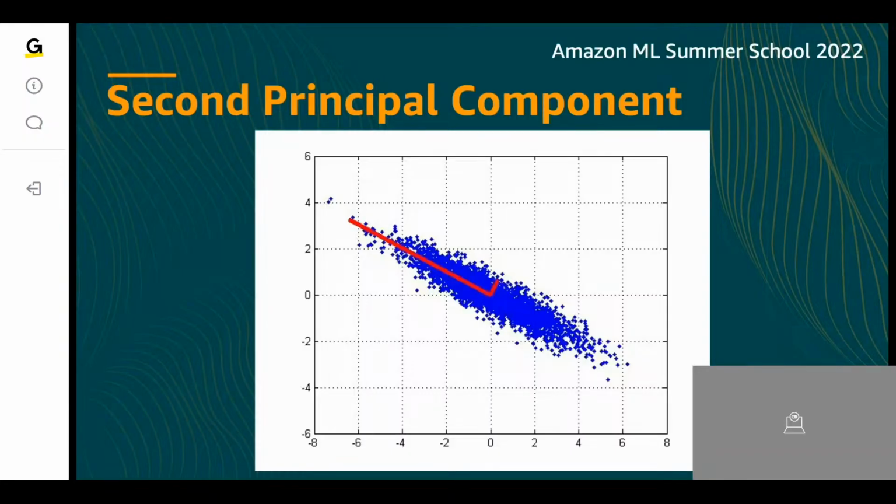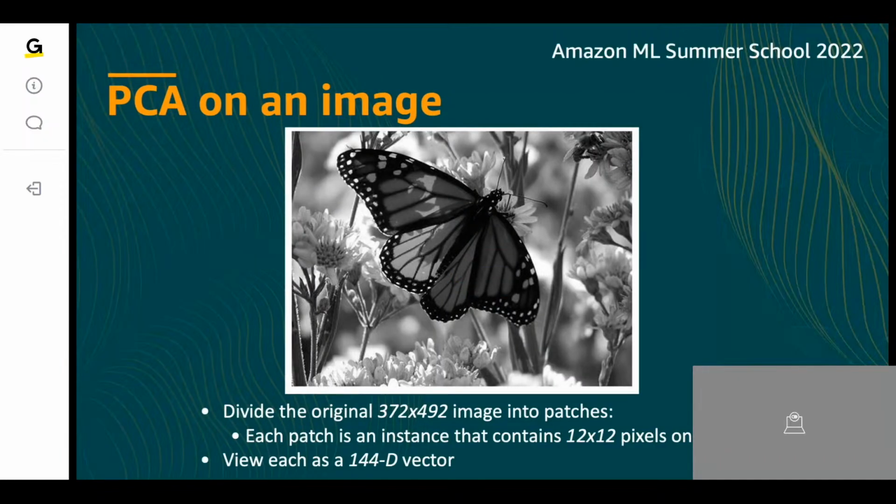So next we will look at how PCA carried out on an image looks, as in how much compression of a particular signal can be carried out. Think about it this way: let us say you have been given an image of this nature. You have this beautiful image of a butterfly which is 372 by 492 pixels.